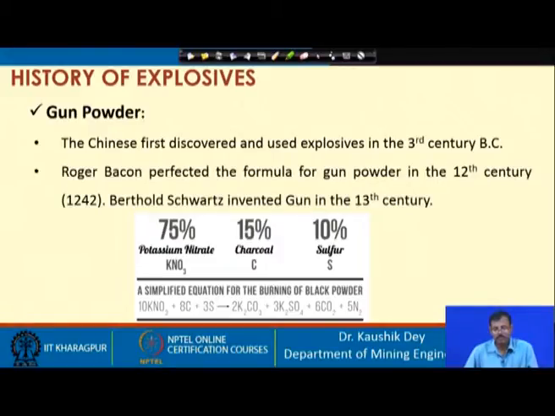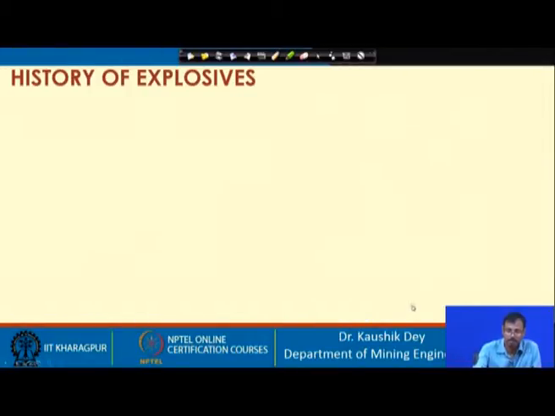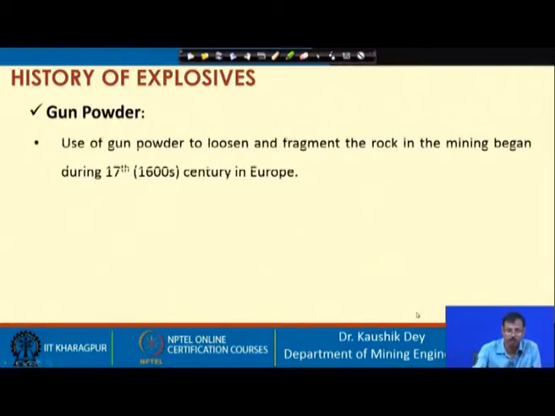Here the charcoal or carbon is given so that it can be oxidized by the nitrate, and sulfur is given to increase the sensitivity of the gunpowder. So basically these are used, with the nitrate as the oxidizer. This was very commonly used in the old days, and it was the only explosive for a long period.